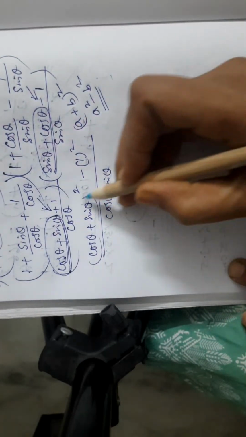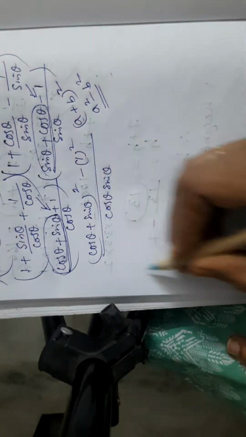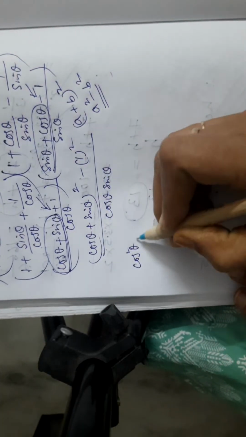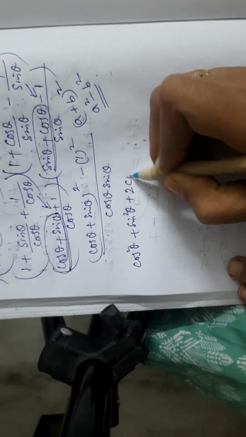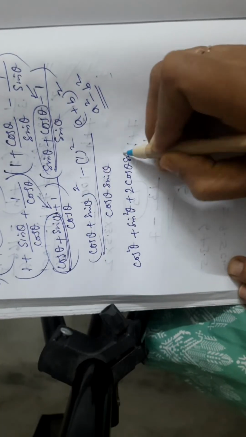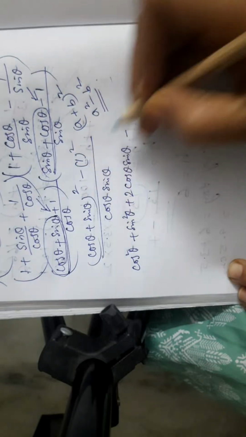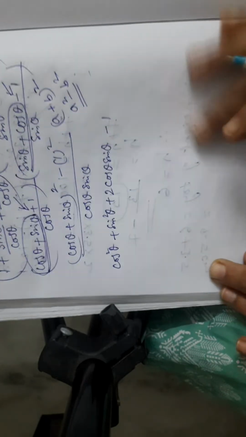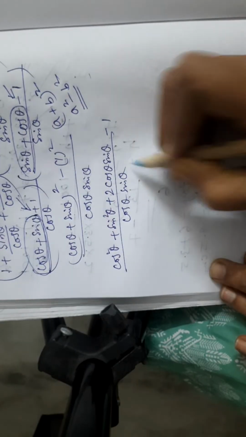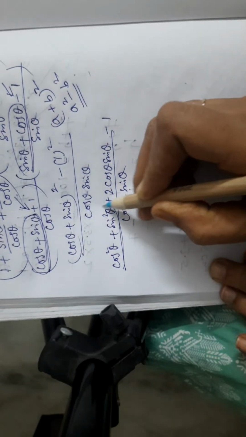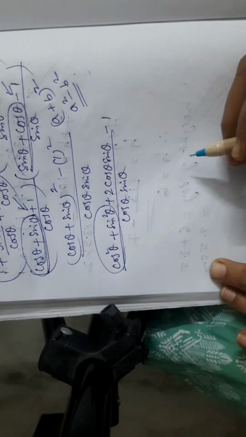तो अब यहाँ पे हमारा a plus b whole square, a square then b square, 2ab, then 1 square is 1. अब नीचे का जो डिनोमिनेटर है as it is we need to copy. Sin square theta plus cos square theta as per identity 1 होता है.